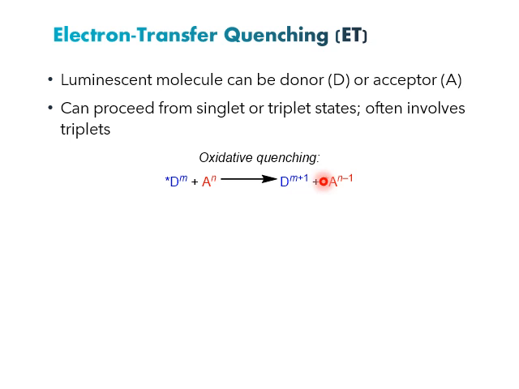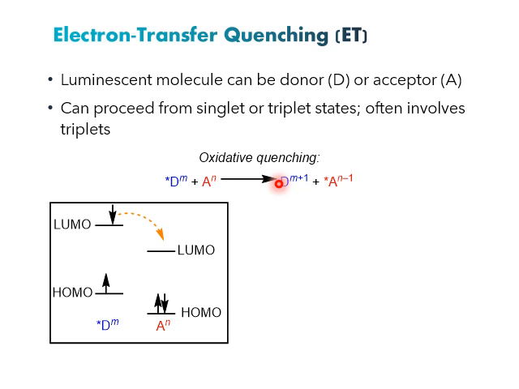And we call it oxidative quenching because the donor molecule, the excited state molecule, is being oxidized in the process. So a simplified orbital diagram of how this might look, this requires that the LUMO of the donor molecule after excitation is higher in energy than the LUMO of the acceptor. That allows an electron to be transferred from this LUMO of the donor to the LUMO of the acceptor in a downhill process.